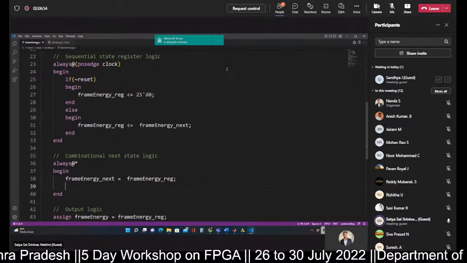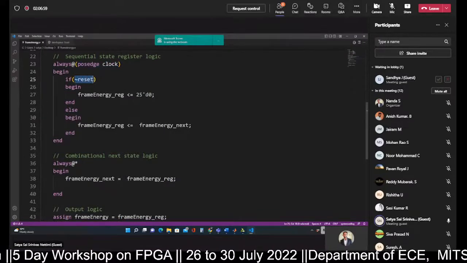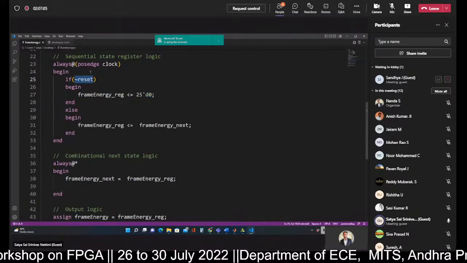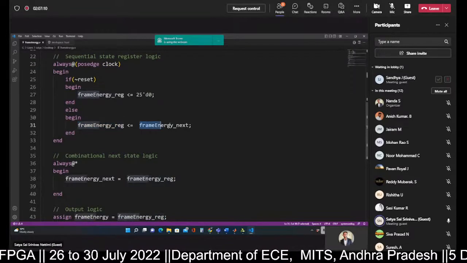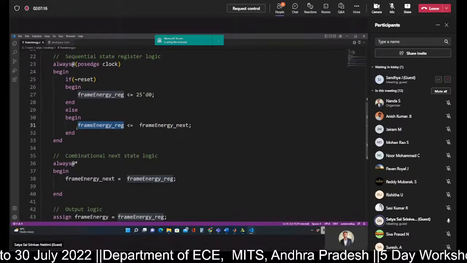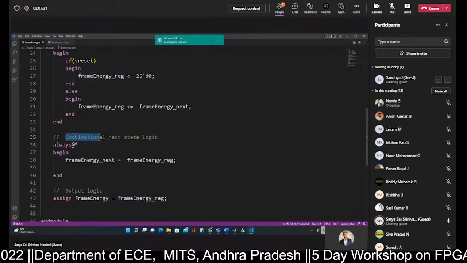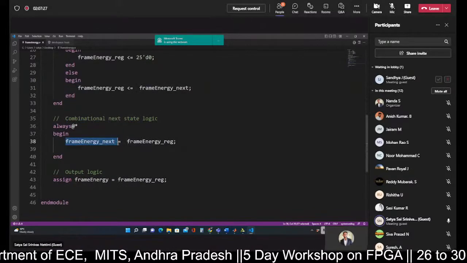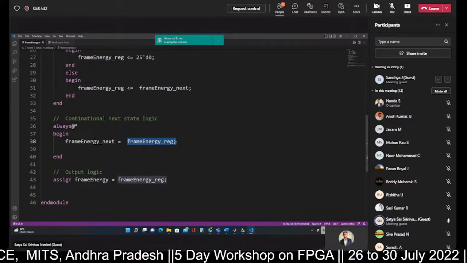So understand clearly. When the positive clock edge is coming and if reset is applied, then the register should be reset to 0. When no reset is applied and the clock edge is coming, then the register should follow the combinational next state logic. So the combinational next state logic value should come into the register. And while defining the combinational next state logic, whenever you are not performing any operation, then it should directly follow the register.